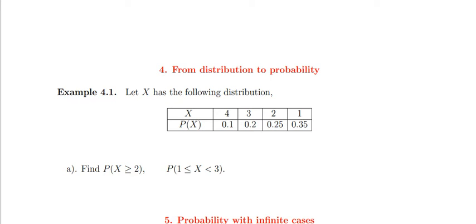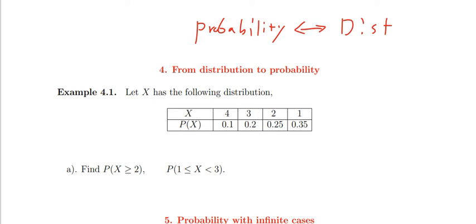From the distribution, we can find probabilities, right? And from the probabilities, put all of them together, we have the distribution, and going back from the distribution, we can find those probabilities.